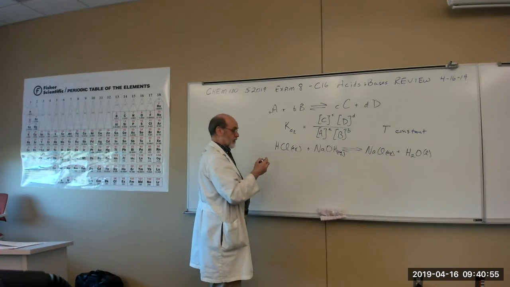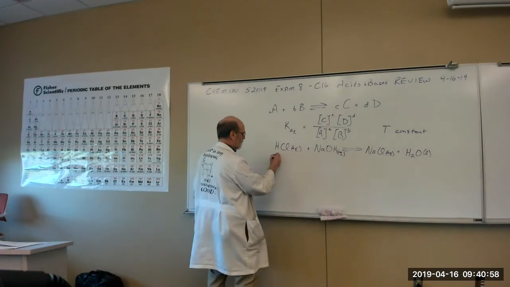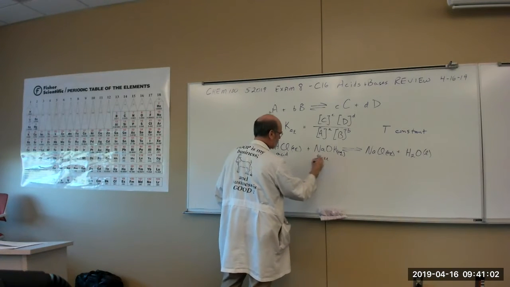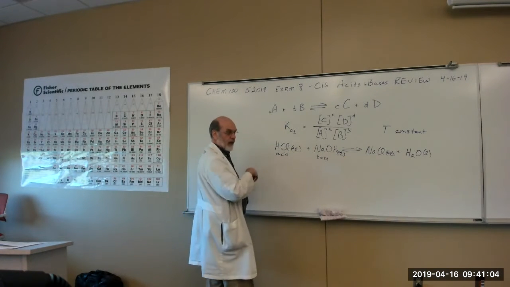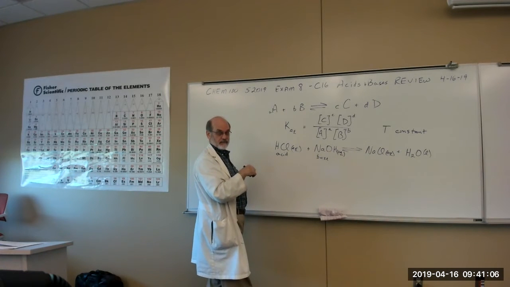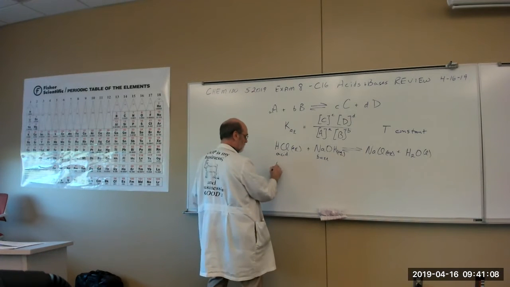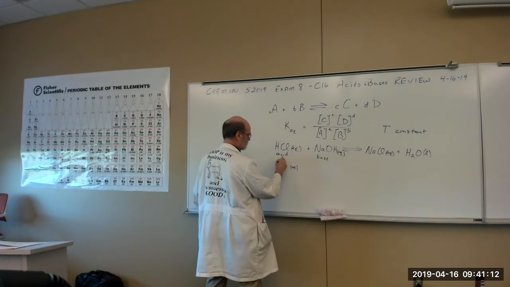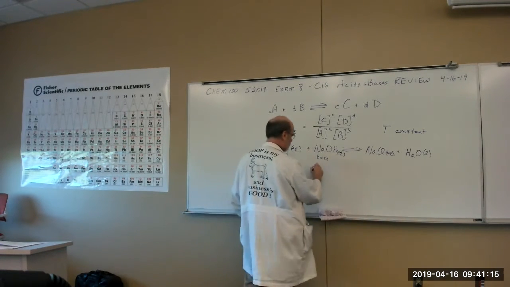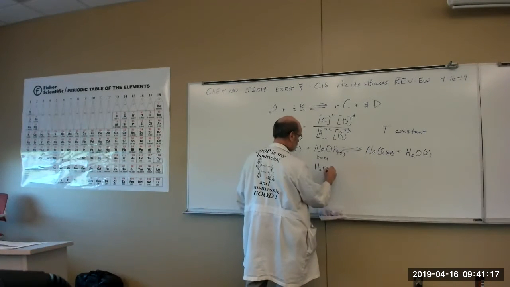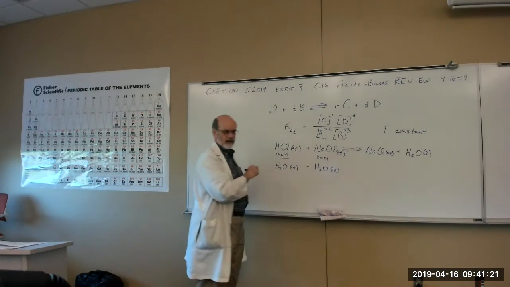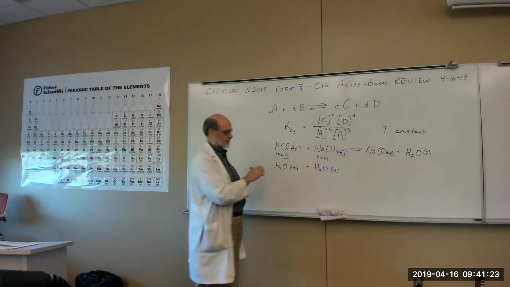So the interesting thing about water is, whereas this is the acid here, this is the base, water can act like an acid or a base. In other words, in pure water, one molecule of water may act like an acid, and another one would act like the base. That's called amphoterism. It can go either way.